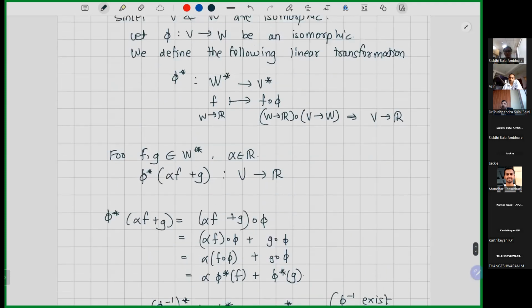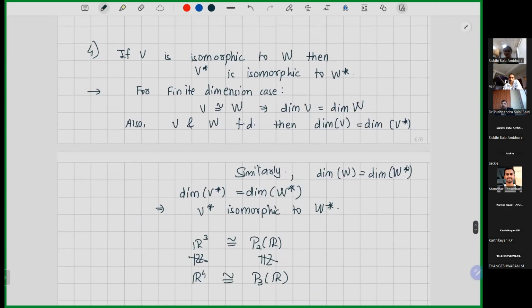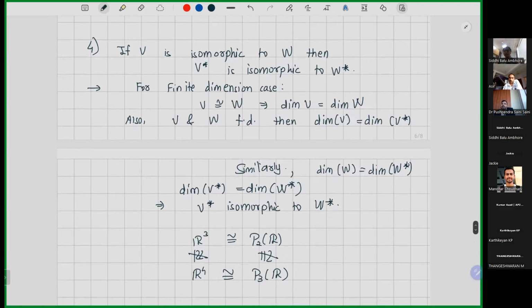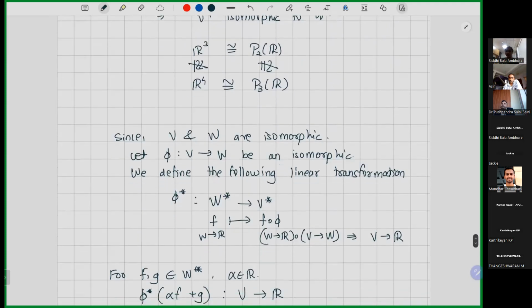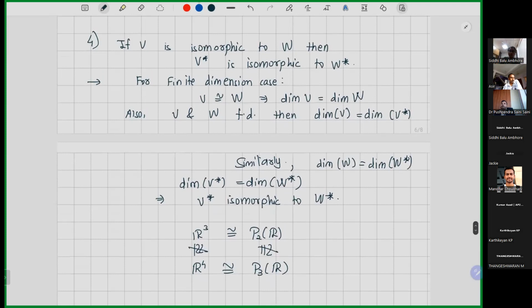We actually proved that these two vector spaces are isomorphic. So we need not have the information about the dimensions. This phi star argument is true even for the finite dimensional cases. So this statement is true.